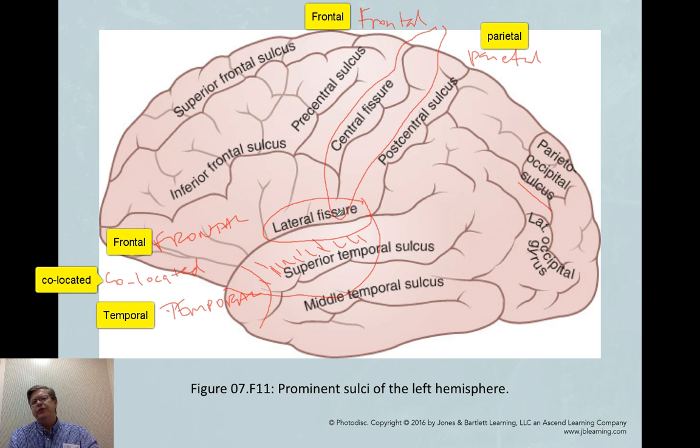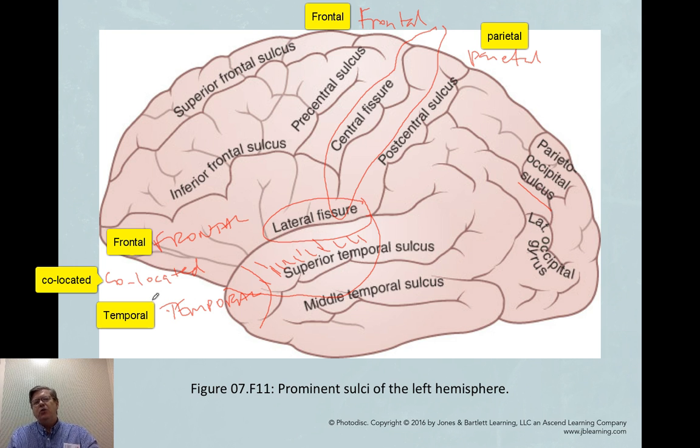So the lateral fissure, which is a valley, a cleft, which literally separates the two lobes, one from the other, disallows any direct contact between the two lobes, which makes them physically distinct.